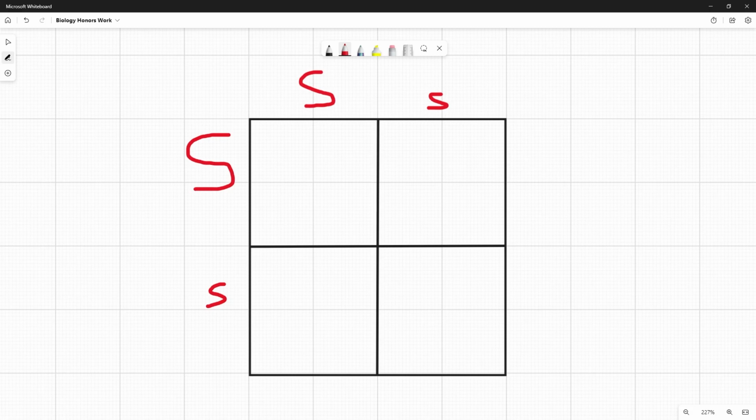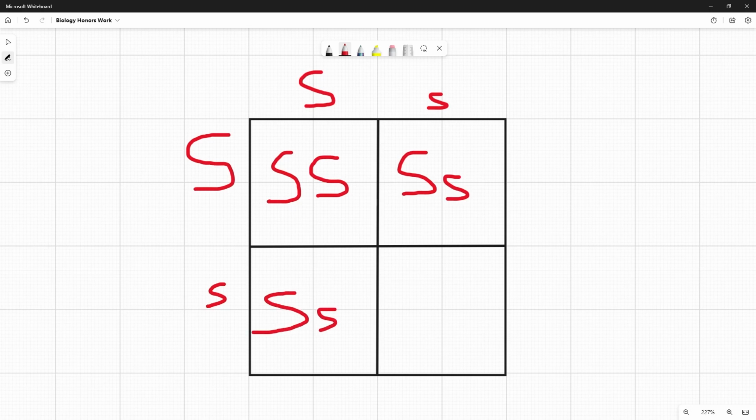The two dominant S's make a homozygous dominant SS. Dominant and recessive make a heterozygous Ss. And the same with the other square over here. Now, we have two recessive s's, and when we combine them, we get a homozygous recessive ss.